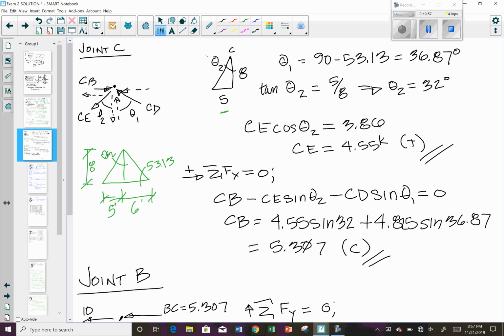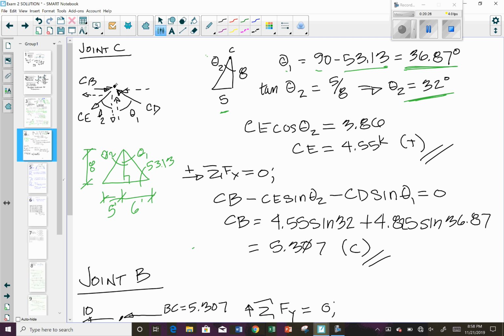So tangent of theta 2 is equal to opposite over adjacent, 5 over 8, such that my theta 2 is equal to 32 degrees. This is my theta 1. And theta 1, if this is equal to 90, theta 1 is equal to 90 minus 53.13, so that theta 1 is equal to 36.87. So now I've got my two angles.